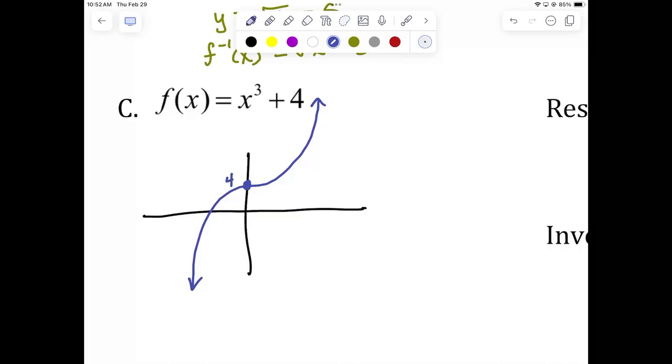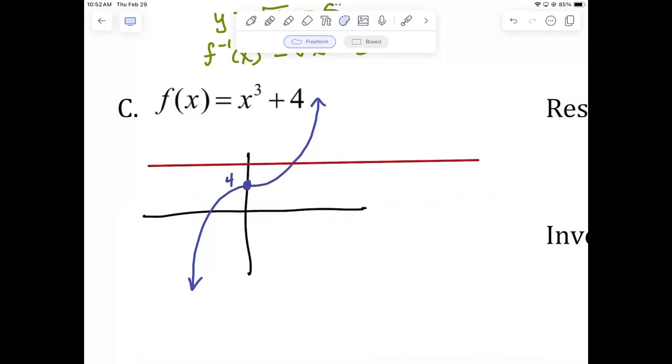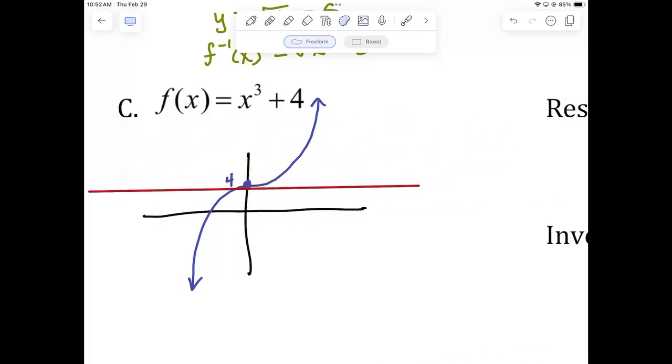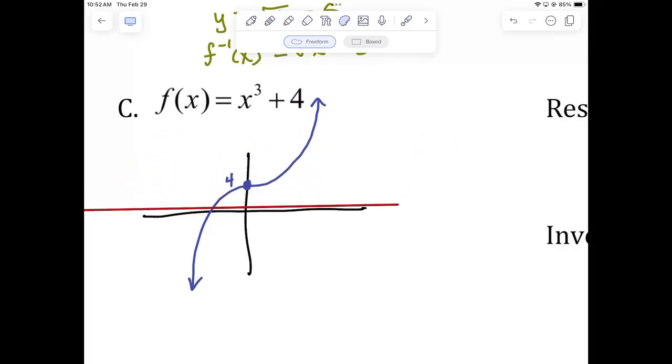The next question. Is this graph 1 to 1? Does it pass the horizontal line test? Does it ever touch the graph in more than one place at a time? It passes.